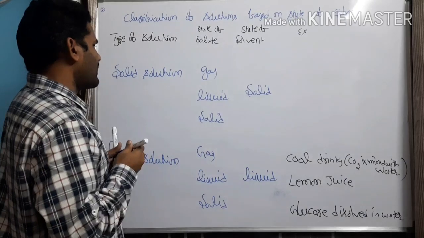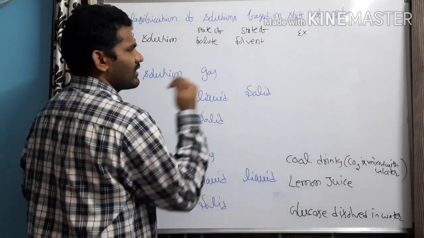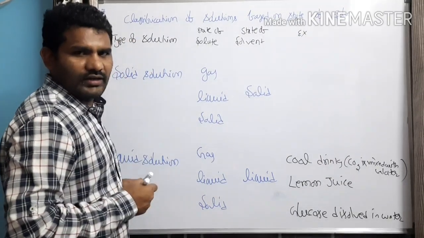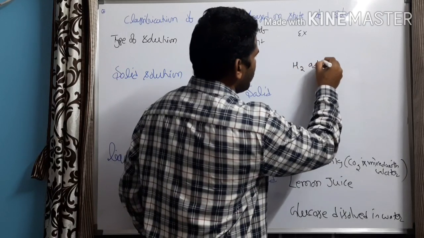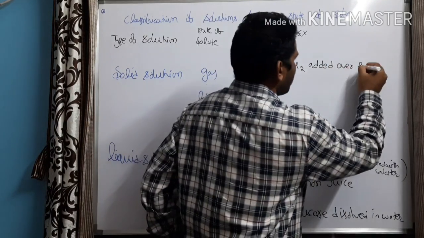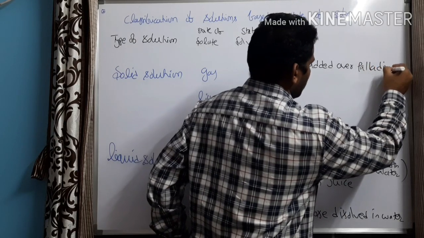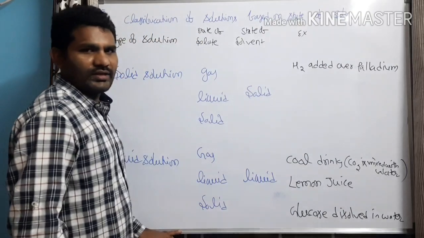Now let us consider example for solid solution where the solute is present in gaseous state and solvent is present in solid state. Example is hydrogen added over palladium. Here hydrogen is present in gaseous state whereas palladium is present in solid state.